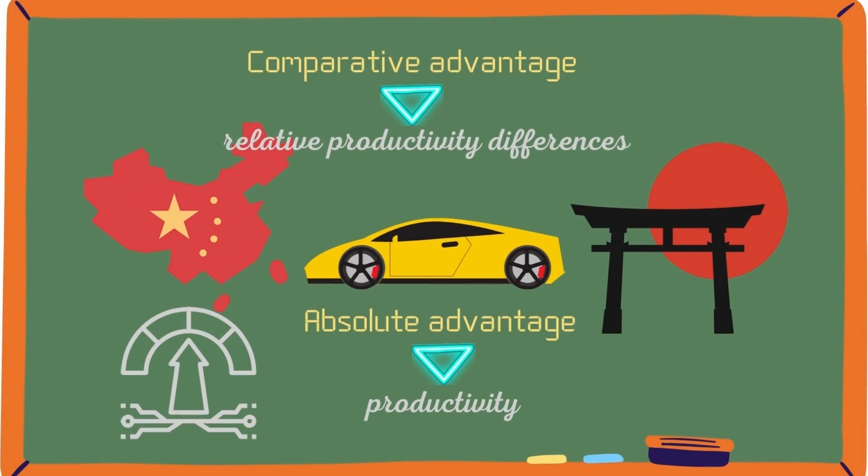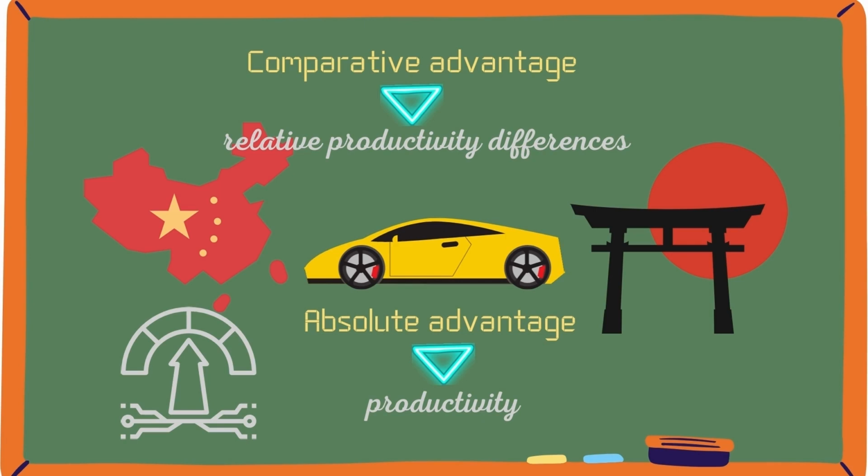Now, the challenge to the absolute advantage theory was that some countries may be better at producing both goods and therefore have an advantage in many areas. In contrast, another country may not have a useful absolute advantage.